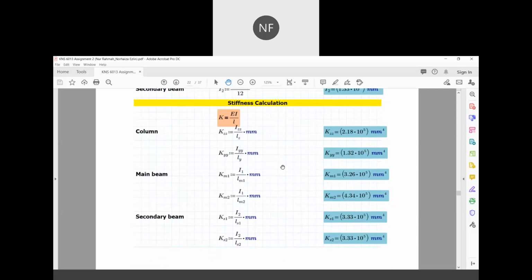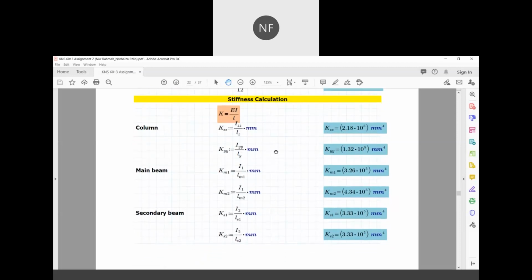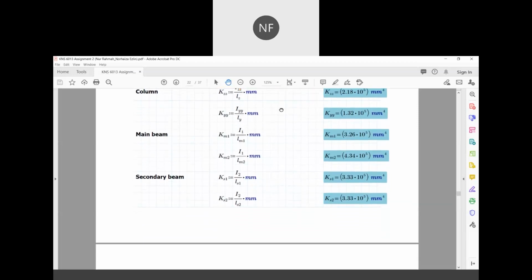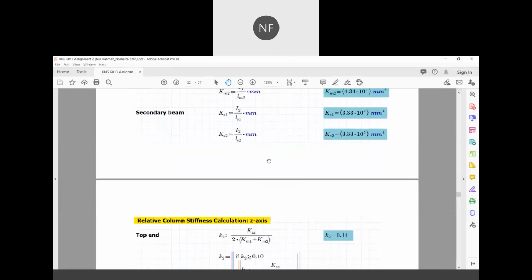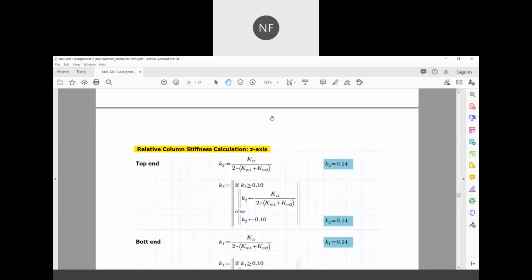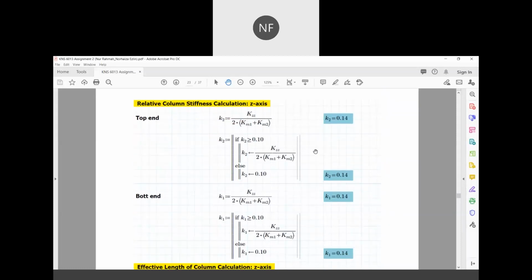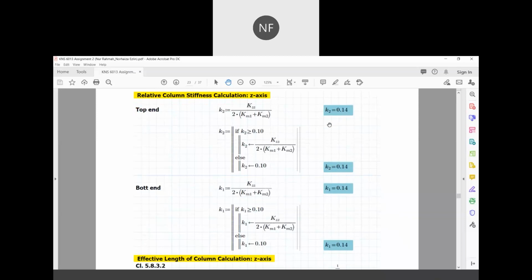So we're moving to the stiffness calculation where the formula is equal to EI divided by L. Since EI is assumed as one component, here I just substitute the formula as I divided by L. Here we proceed to the relative column stiffness calculation at the z-axis, which is equal to the column stiffness at the z-axis divided by 2 multiplied with the total column stiffness at both beams, and K2 is equal to 0.14.